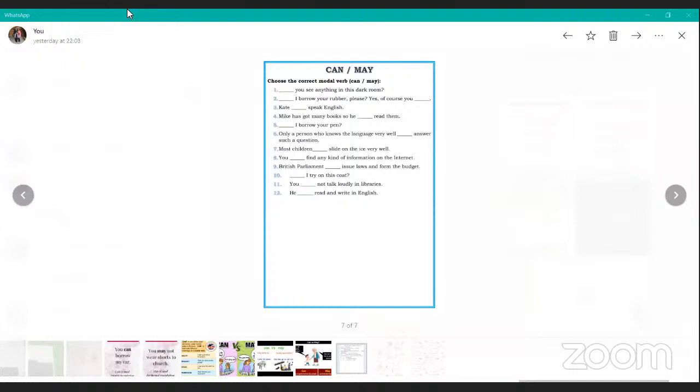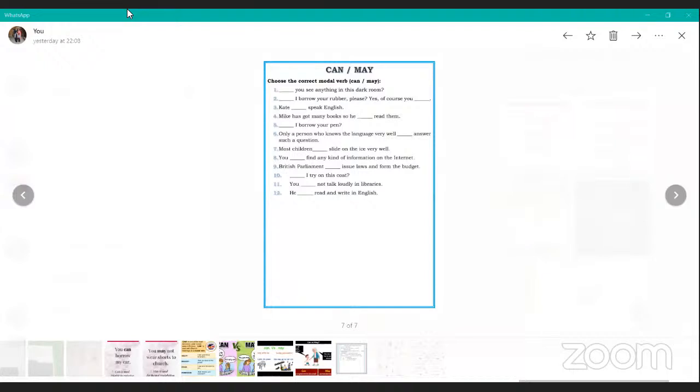Number 8. You blank find any kind of information on the internet. You may find any kind of information on the internet. Right. Number 9.